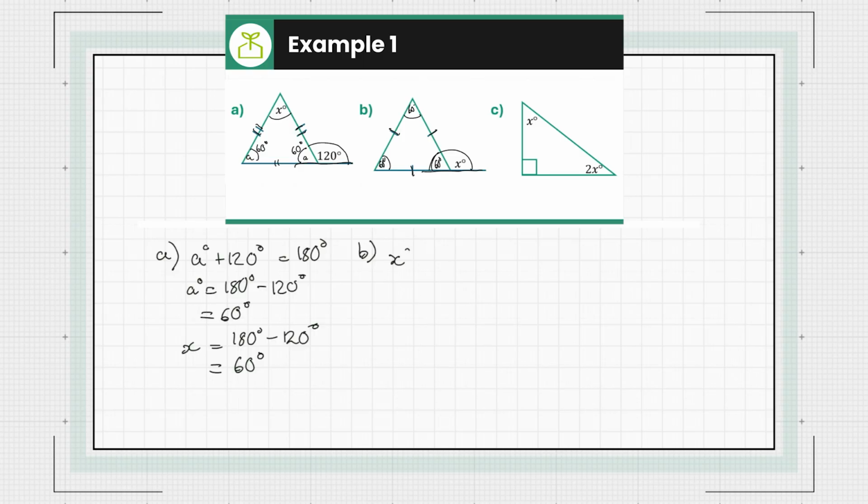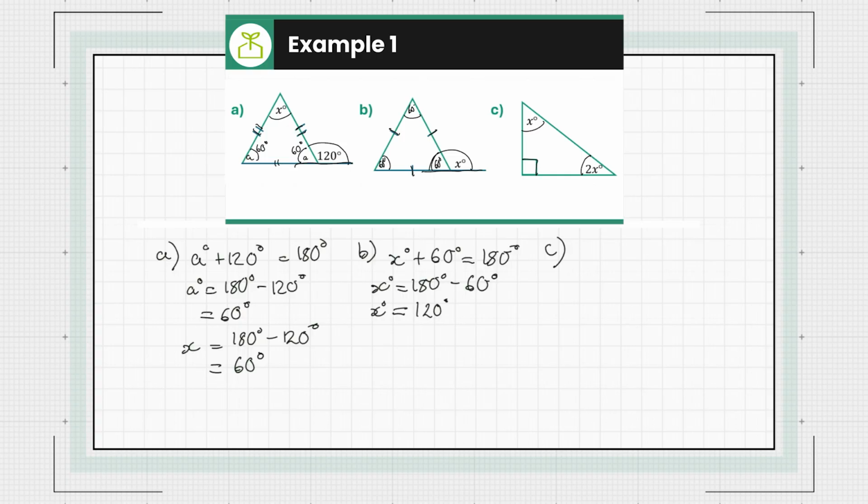And so x degrees plus 60 degrees must equal 180 degrees. That means that x degrees is equal to 180 degrees minus 60 degrees. And that means that x is equal to 120 degrees.